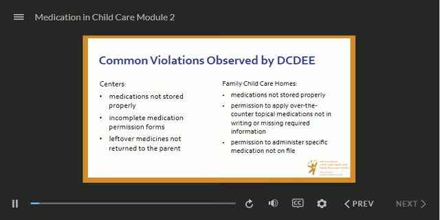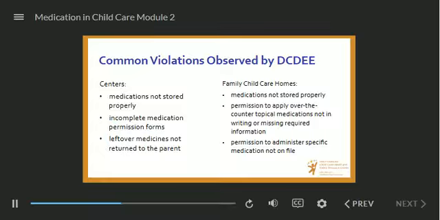Early educators who stay focused when handling medications and follow the proper procedures for receiving, documenting, storing, and disposing of medications can avoid the common violations listed here. Common violations in child care centers and family child care homes are: 1. Medications not stored correctly.